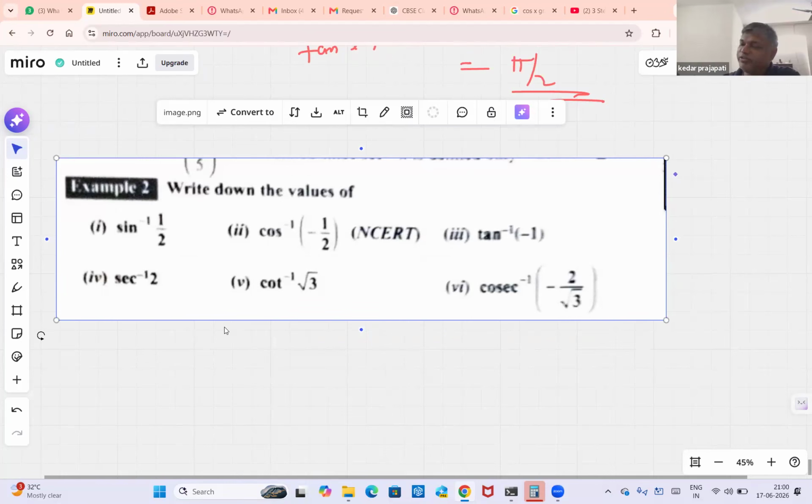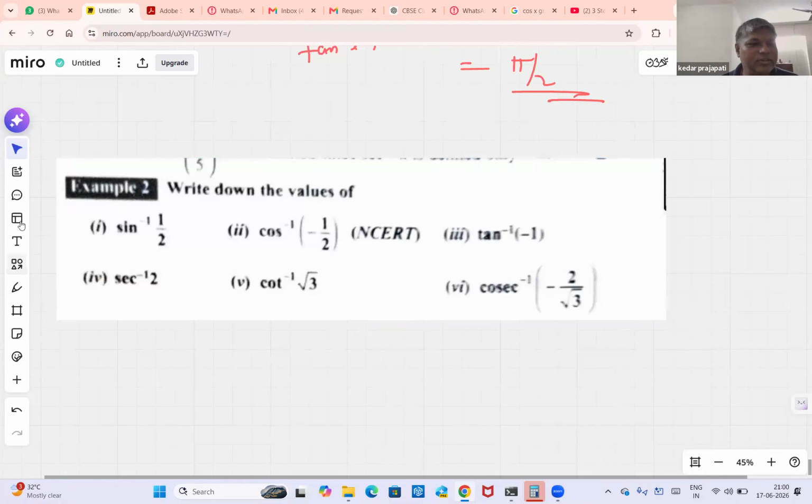Last year there was a beautiful question. In 2023 it came. And this question has come in JEE as well. So the question was very important.